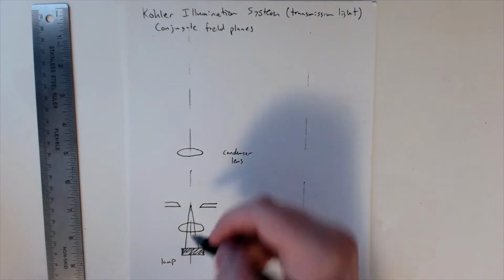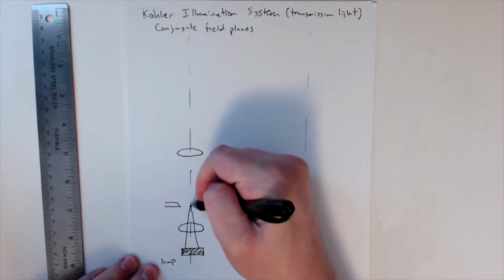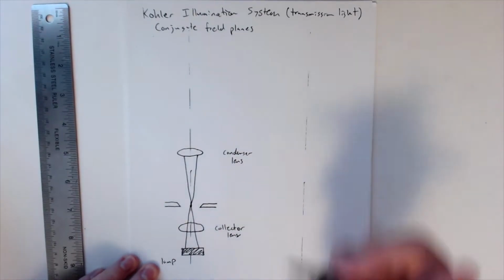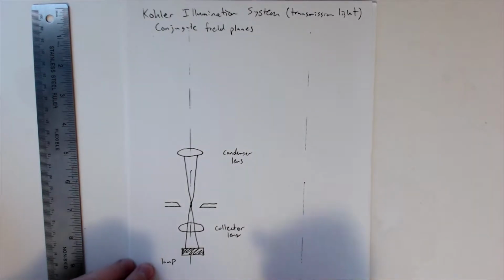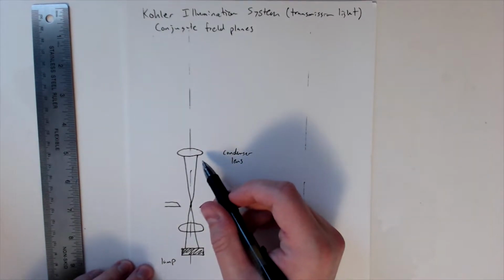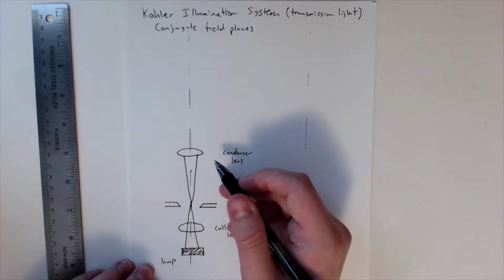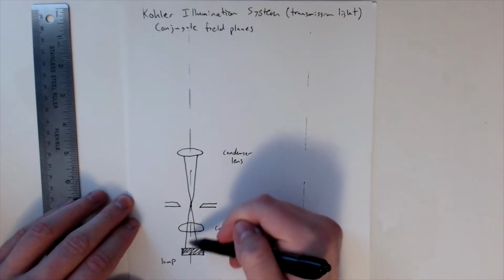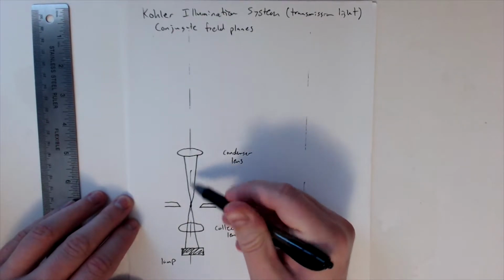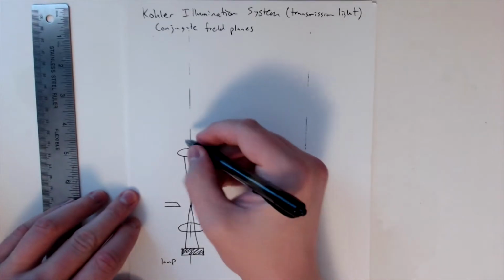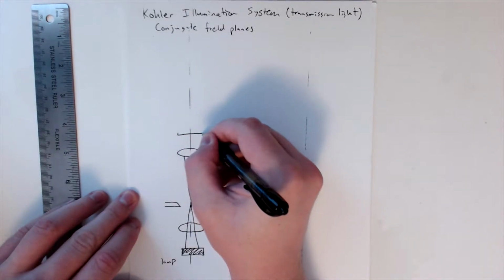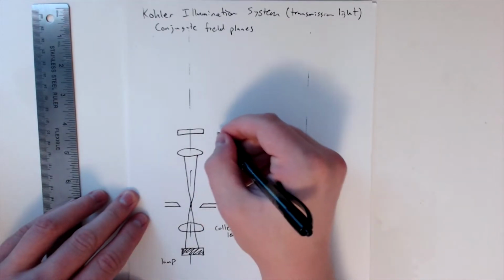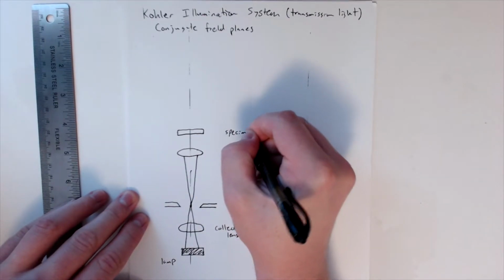So basically, the light becomes divergent and goes to the collector lens, or sorry, the condenser lens. The condenser lens's job is to take the light that we have from the lamp, the collector, through this aperture, and produce a small point on our specimen. So I'm going to draw this as our specimen.